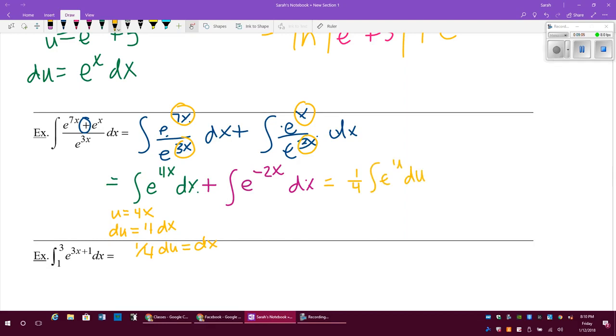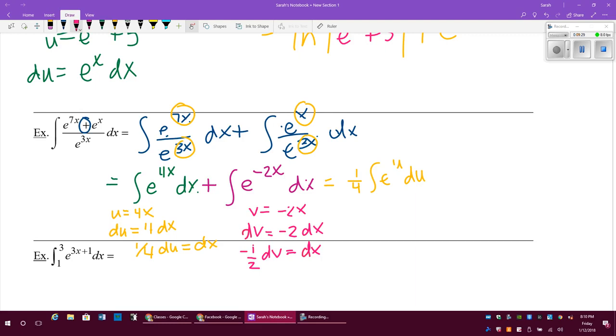And I'm going to do the same thing with the other one, except I can't use u if I've already established that as a variable. Let's use v. Let's make it negative 2x. So dv will be negative 2 dx. I don't have a negative 2, so let's get rid of it. Negative 1/2 dv will be equal to dx.